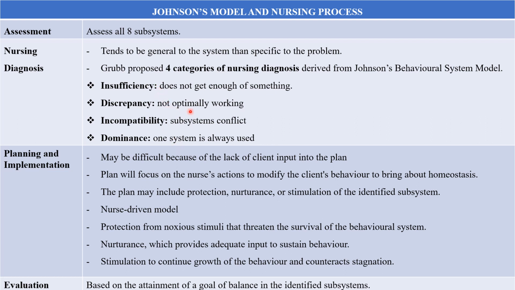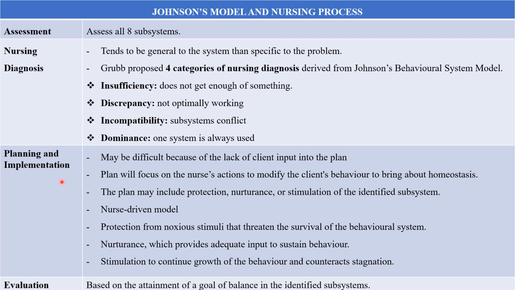Discrepancy means there also it is not optimally working, up to the level it is not working. Incompatibility, there is a conflict in the subsystems. Dominance, one system is always used or one system is affecting the other system. So these are the 4 nursing diagnoses we have to create when we are making the diagnosis.